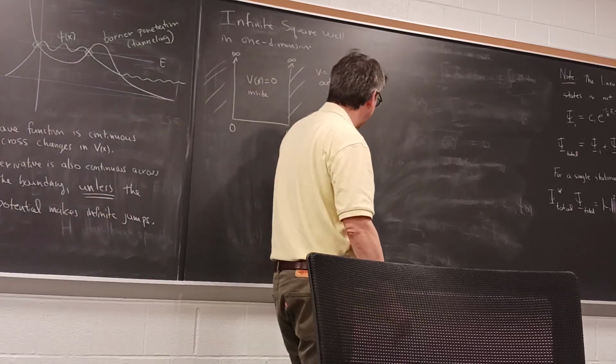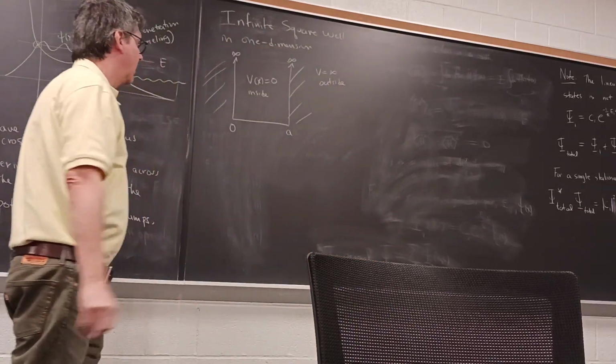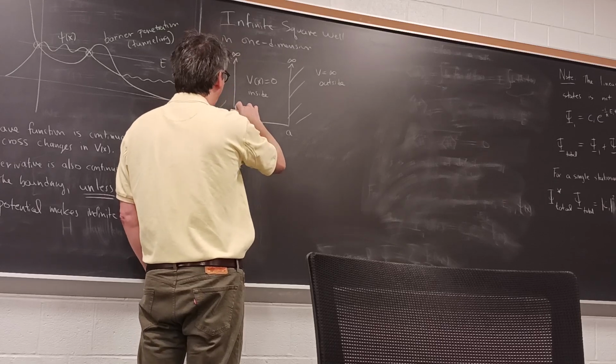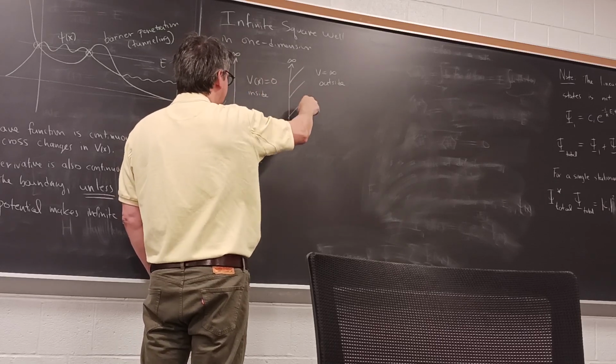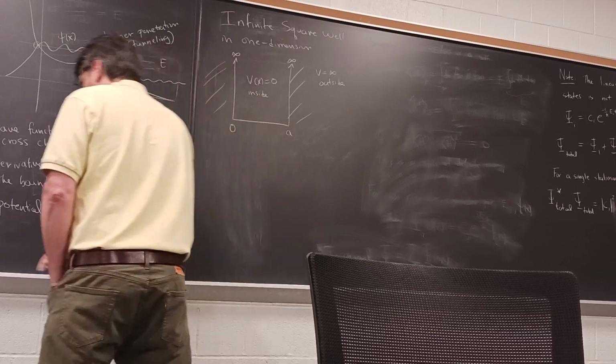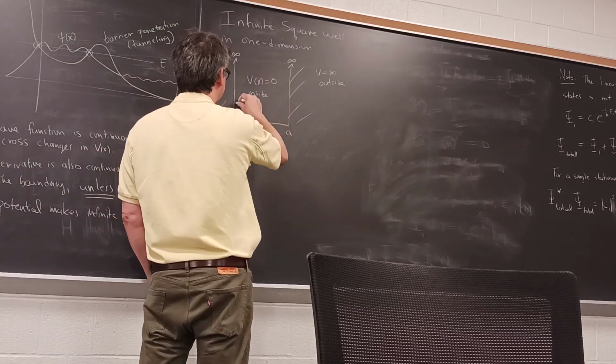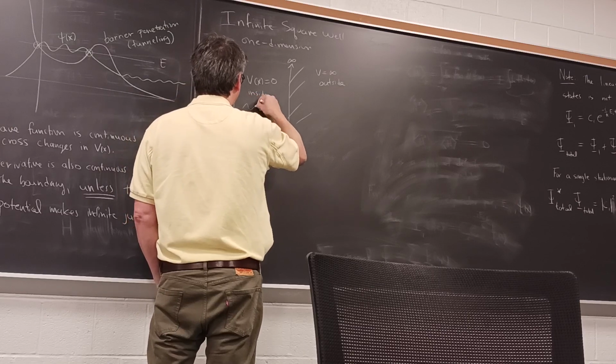So let's go ahead. First of all, we know it has to wave inside here, because for any energy that we have that's above 0, the potential is 0, so we have to have some kind of waving inside the box.